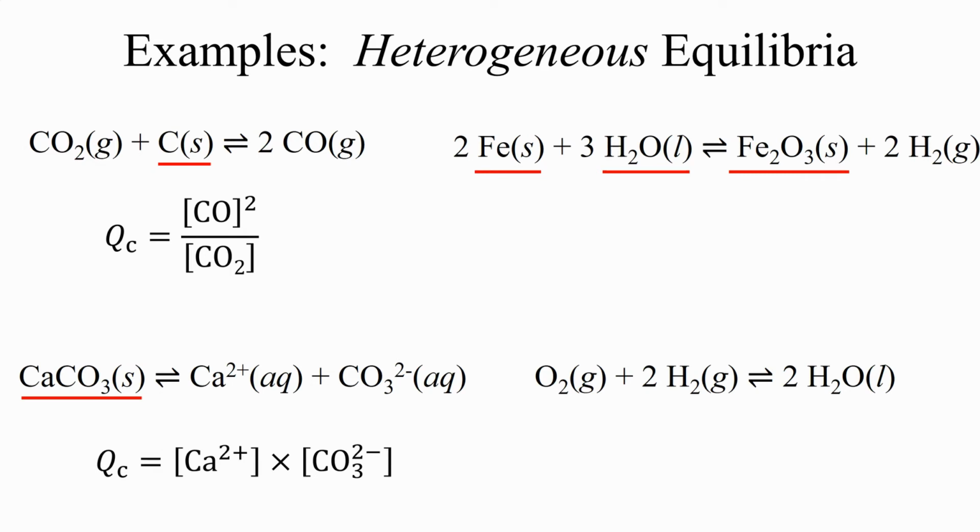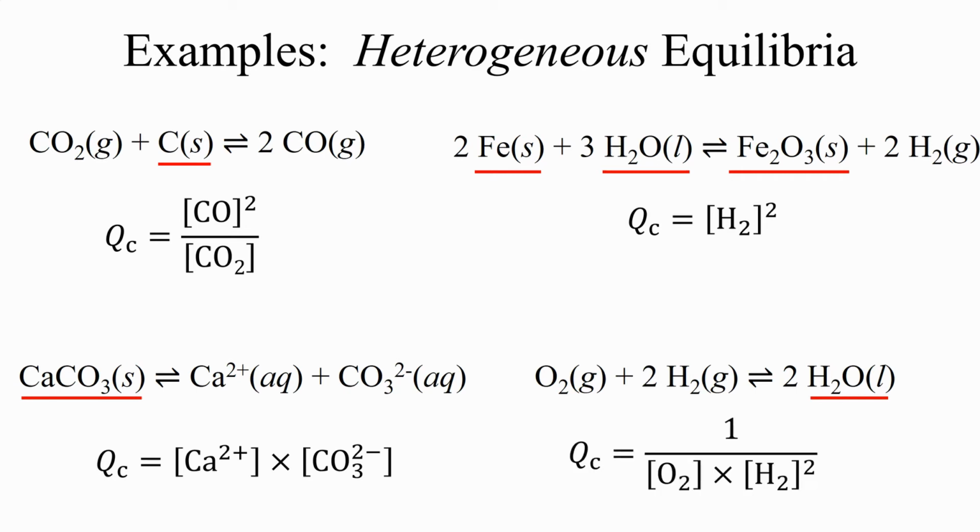All the others are either solids or liquids. Therefore, the equilibrium quotient is simply the concentration of hydrogen raised to the power of its stoichiometric coefficient. In our last example, the equilibrium between oxygen, hydrogen, and water, because water is a liquid in this particular reaction, the reaction quotient is just 1 over the concentrations of oxygen and hydrogen, hydrogen being raised to the power of 2.